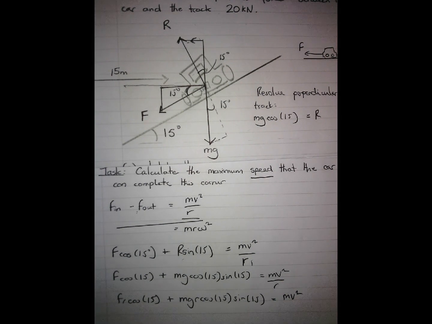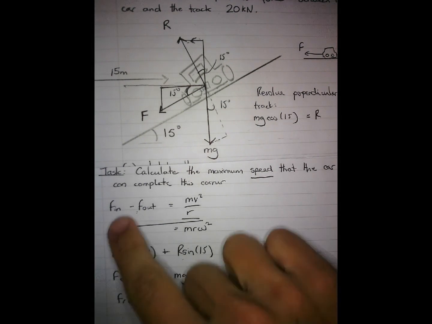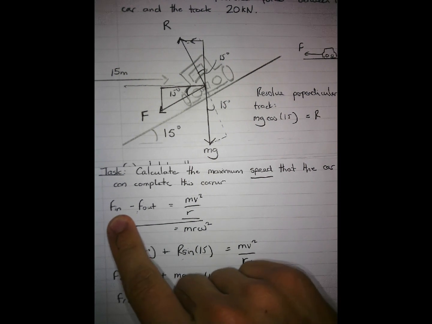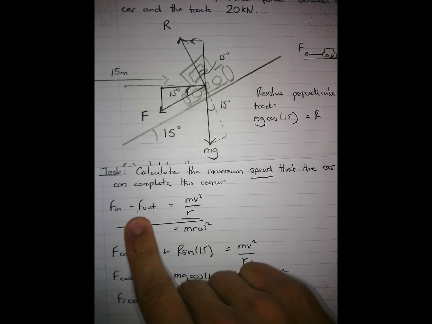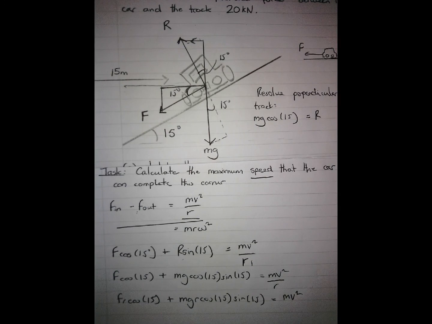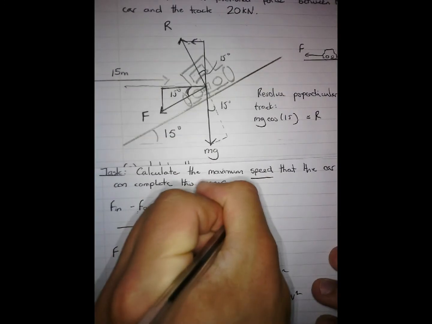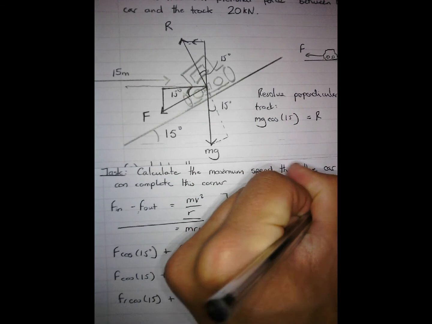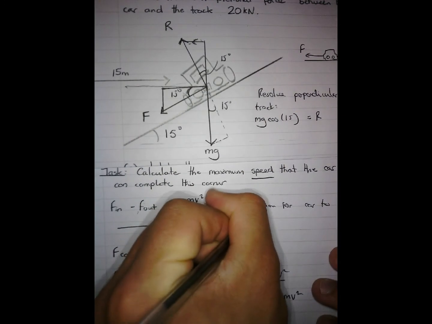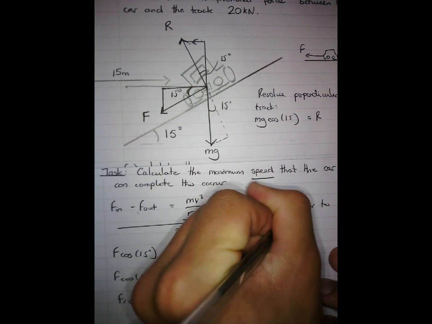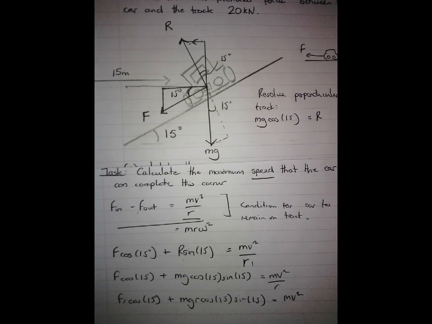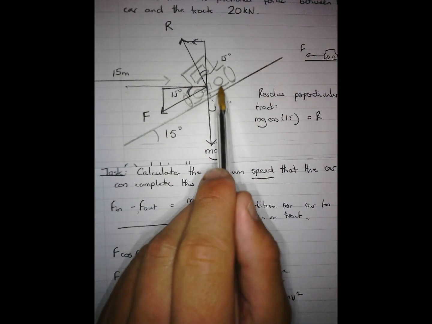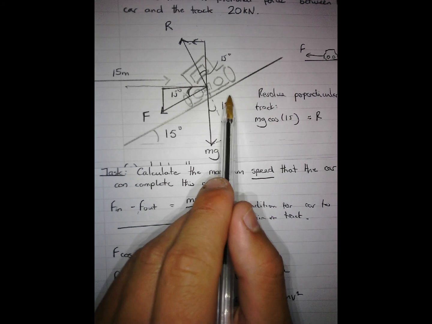Just to recap, we applied the same condition that we've done for all our circular motion problems, that the force in minus the force out equals mv squared over r. That in this case is the condition for the car to remain on track. We then looked at the forces going in and the forces going out.